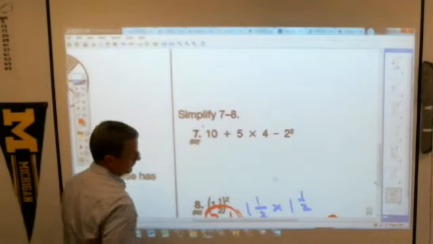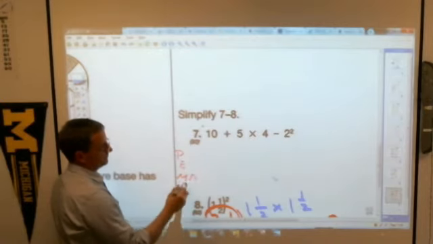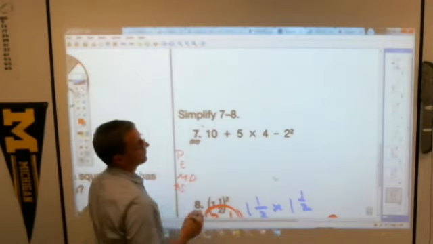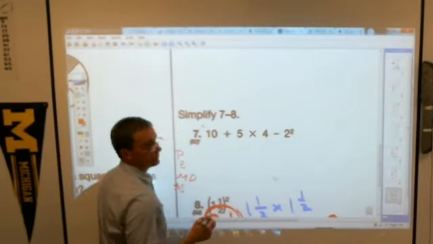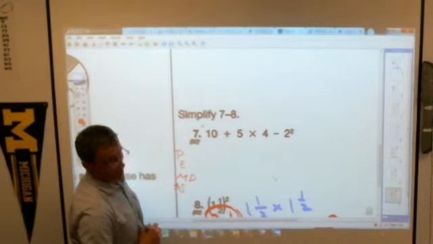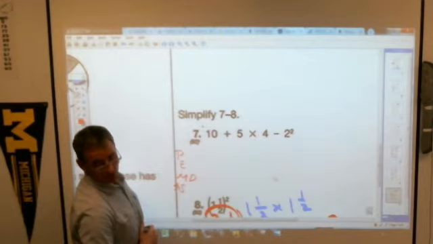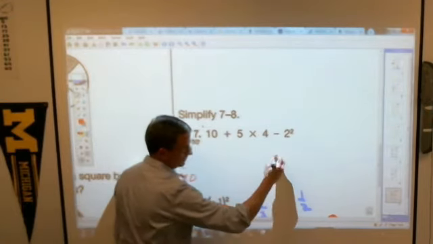Afron, did you follow the order of operations? Yes. So the first thing you did was what? Did 2 to the power. Which is? 2 times 2 is 8? All right, let's do that again. 2 to the second power is 4.